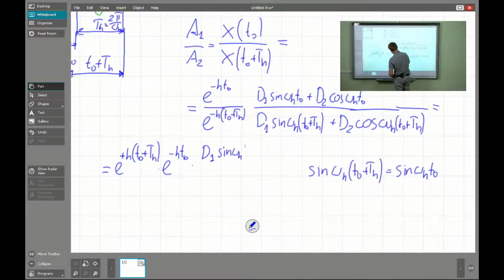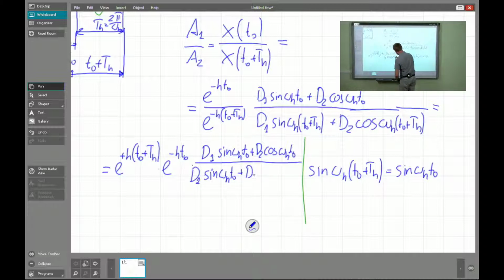I mean we have D1 sine omega_h T0 plus D2 times cosine omega_h T0, and everything will be divided by D1 times sine omega_h T0 plus D2 cosine omega_h T0.